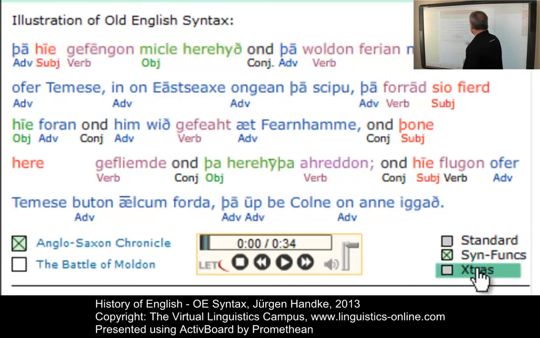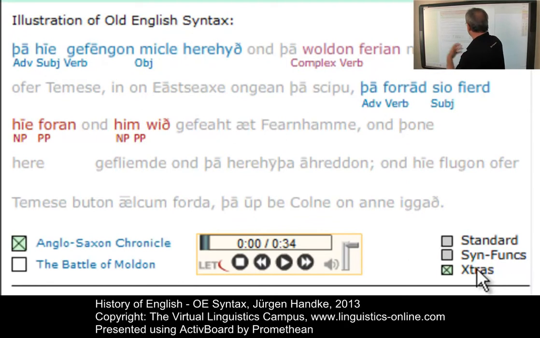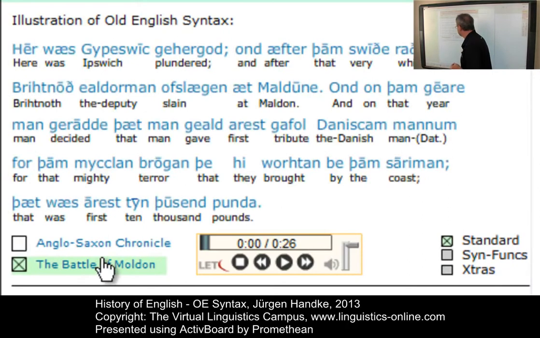You can look at additional patterns such as postpositions, specific word order patterns, brace constructions, and you have the choice between several texts. The first one, the Anglo-Saxon Chronicle, is from the late 9th century. It was taken from the Parker version of the Anglo-Saxon Chronicle, and the second one that you can see here now has been taken from the Battle of Maldon, a short excerpt that was written in the 10th century.